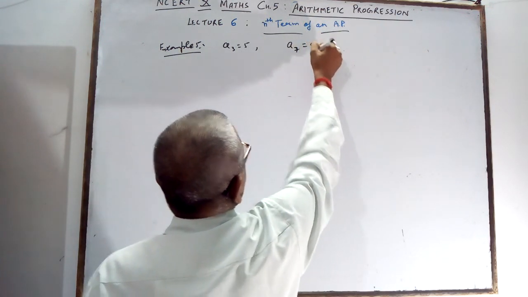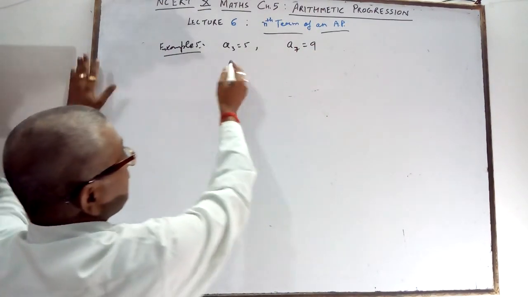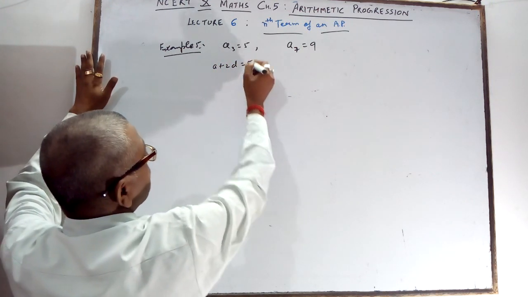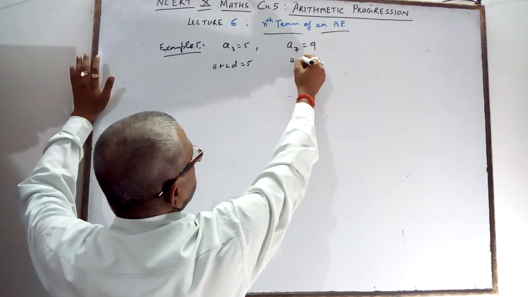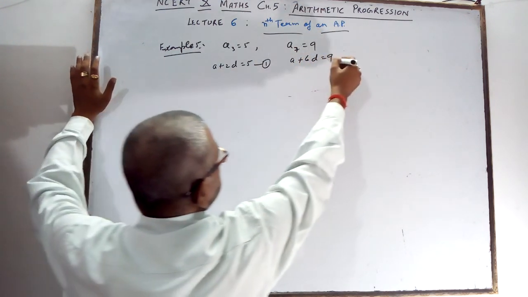You want to find the AP. The third term means A plus 2D is equal to 5, and A plus 6D is equal to 9. You are getting two equations.